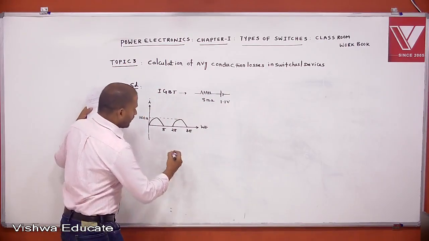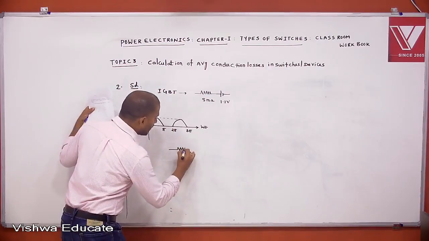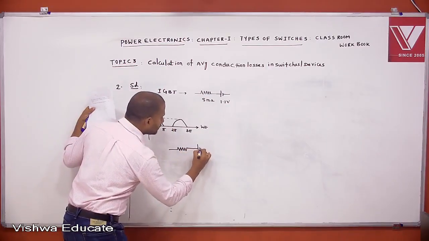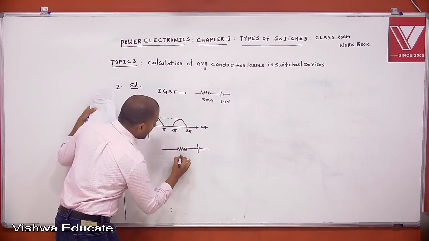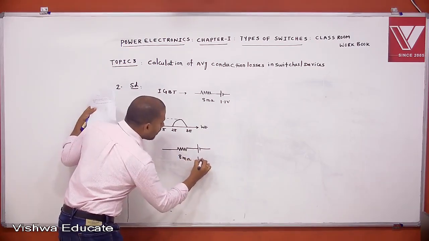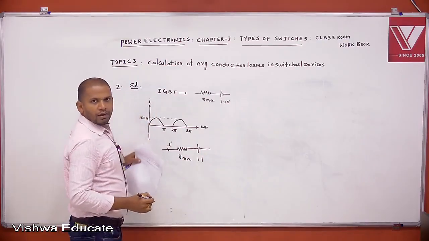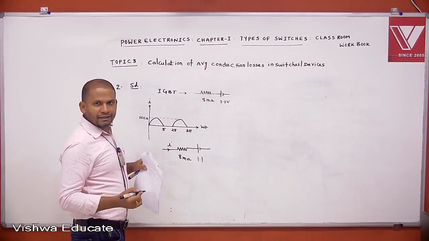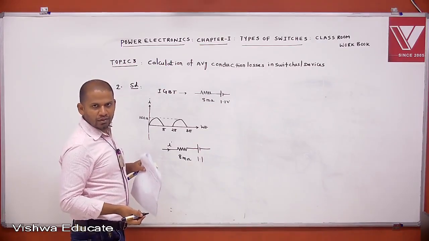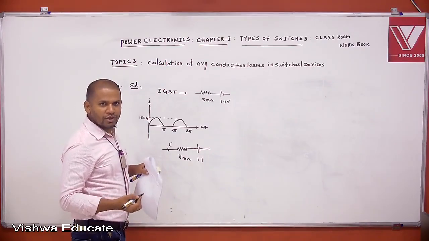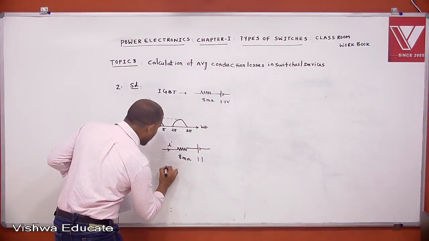That means for this we are applying the voltage. This is 8 milliohms, 1.1 volt. This current is applied here. If any semiconductor is modeled with both resistance and voltage, then what is the formula for average power loss?